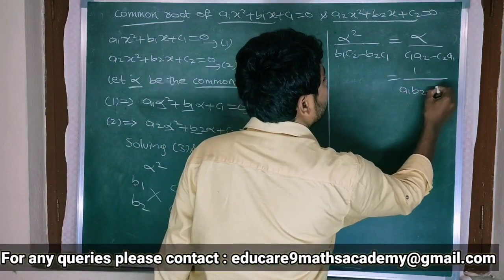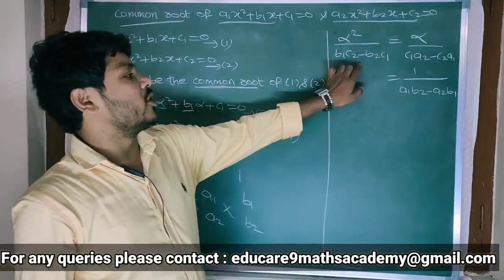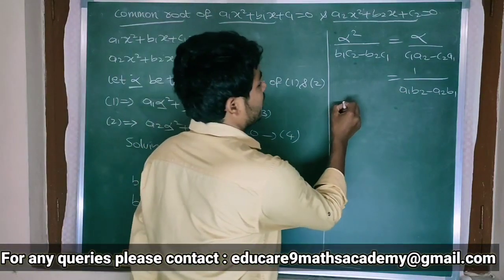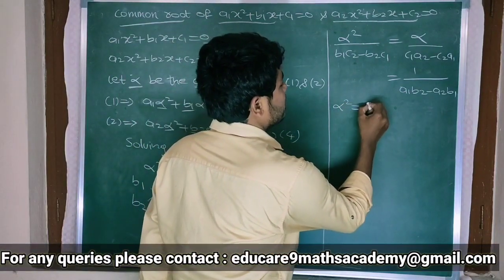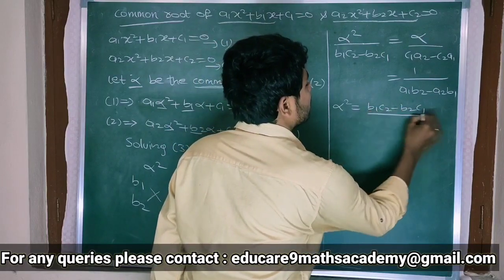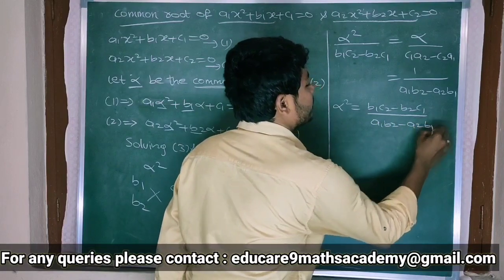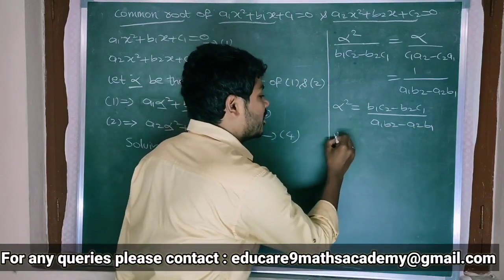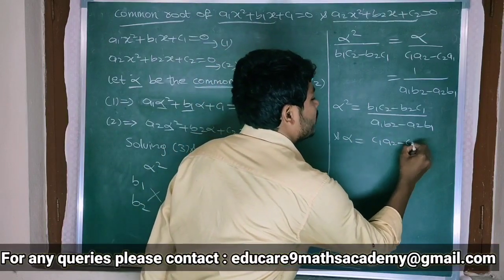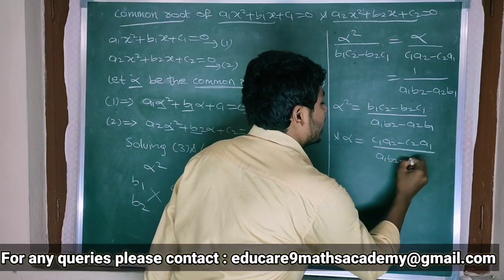So clearly, equating first and last, and second and last, from that you get alpha square value is b1 c2 minus b2 c1 by a1 b2 minus a2 b1. And alpha value is what? c1 a2 minus c2 a1 divided by a1 b2 minus a2 b1.